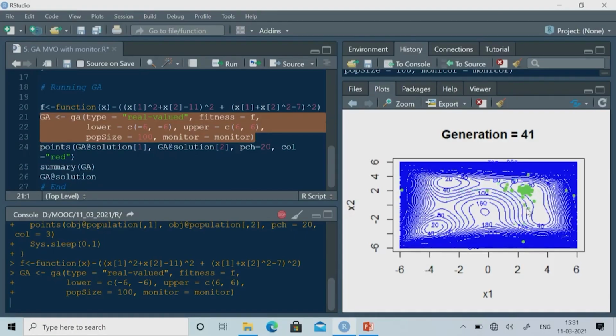So, it is converging at the first quadrant. You can see that initially all these populations were uniformly distributed all over the search space, that is between -6 and +6, and finally it is converging at one of the solutions.